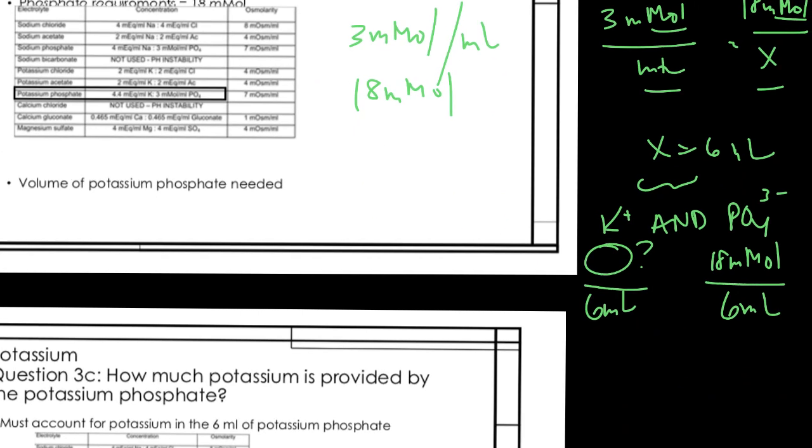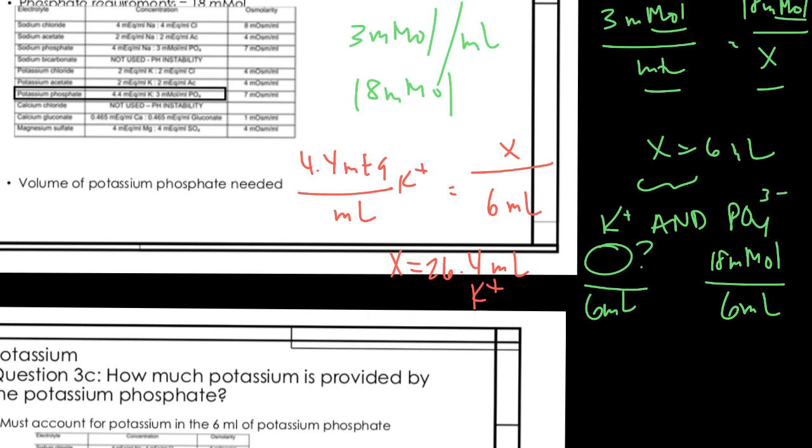So 4.4 milliequivalents per milliliter of potassium equals X over 6 milliliters. That is X equals 26.4 milliequivalents of potassium when you're using the potassium phosphate.